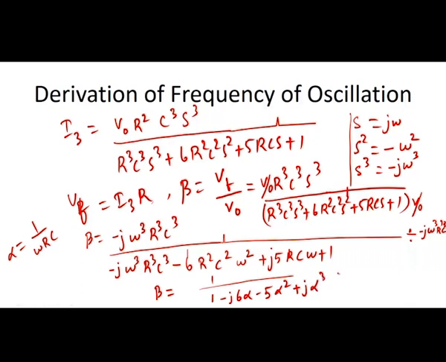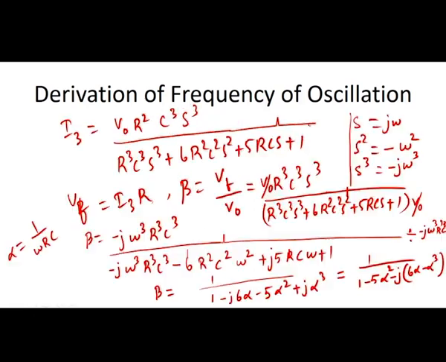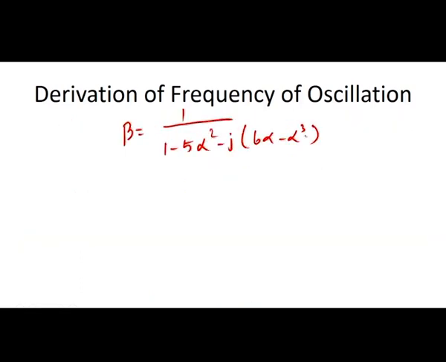So, you have 1 by 1 minus 5 alpha square minus j into, you have 2 j terms. So, here you have 6 alpha minus alpha cube. So, now this is your beta. So, beta is 1 by 1 minus 5 alpha square minus j into 6 alpha minus alpha cube. This is beta, right.